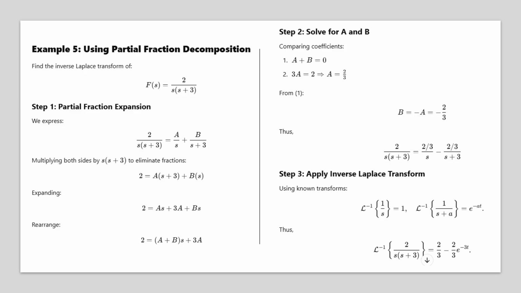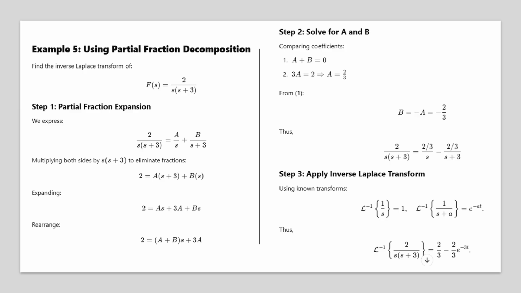Now, if we remember, the Laplace transform of the step function is 1 by s. Also, the inverse Laplace transform of 1 divided by (s minus a) will be e to the power a t. So use this technique.